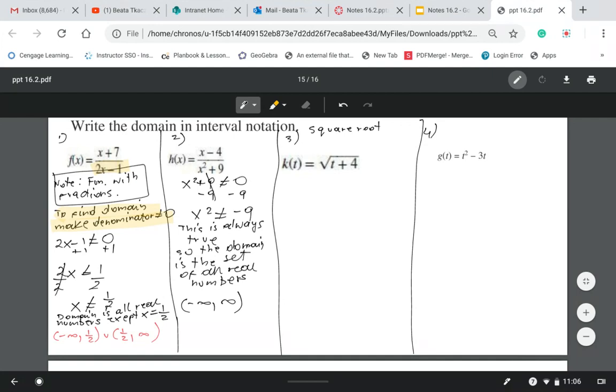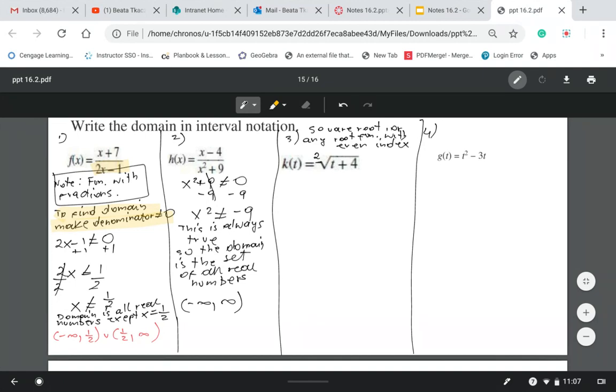When you have functions with a square root, where the index of the square root is 2, which we skip, or again any root functions with an even index, you're doing the same type of work.